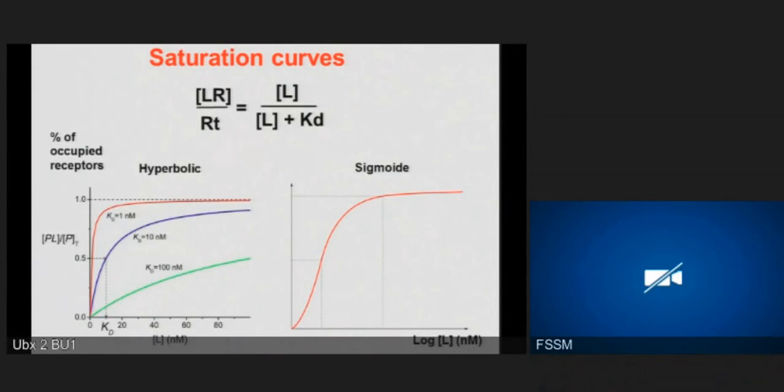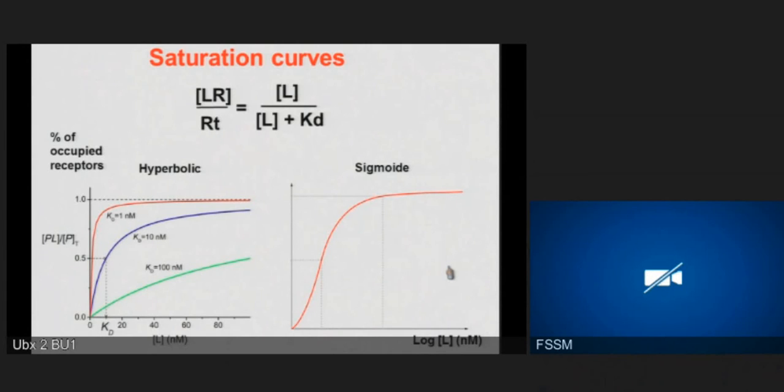And after that, you have the less affinity ligand, which is represented by the green curve here. So, of course, the green curve is not finished.